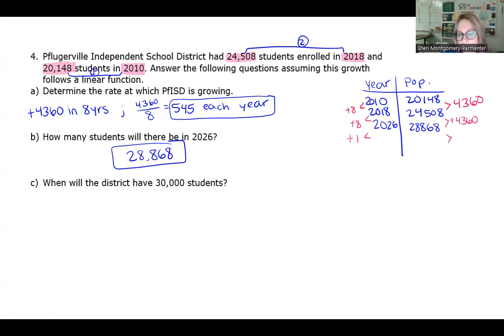And in 1 year, I'm going to add 545. So how much will I have in 2027?